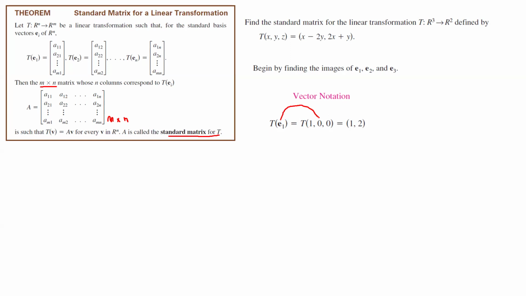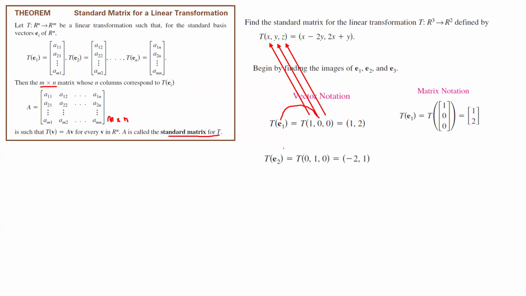Now plug everything into the linear transformation. x is equal to 1, y is 0, and z is 0. So you get 1 minus 0, comma 2 plus 0. So you end up with 1 and 2. This linear transformation takes E1 and gives me this column back, 1 and 2.